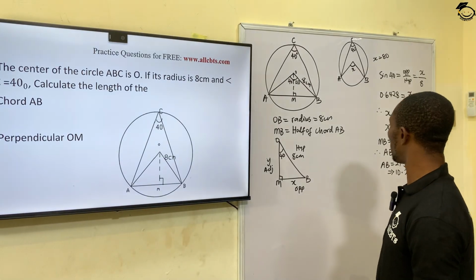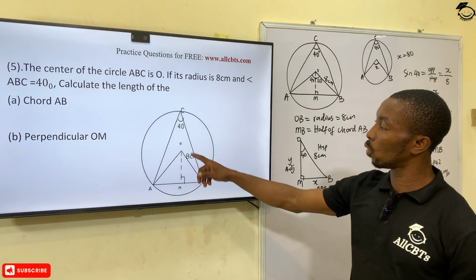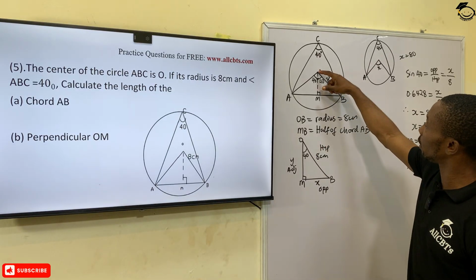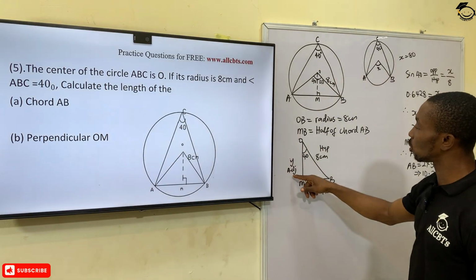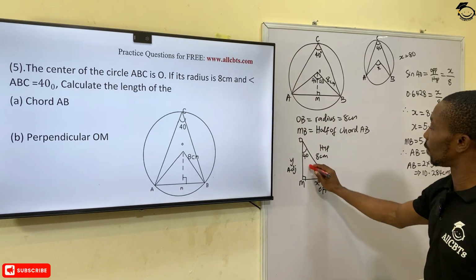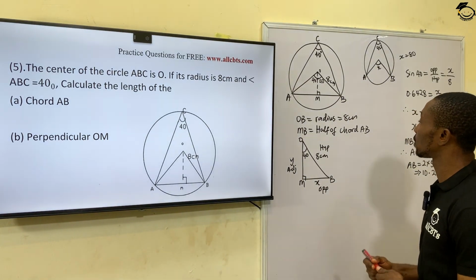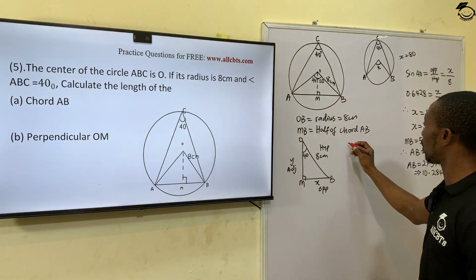Now, solving for our perpendicular OM, considering OM, which is going to be adjacent for this triangle, we have it as OM.